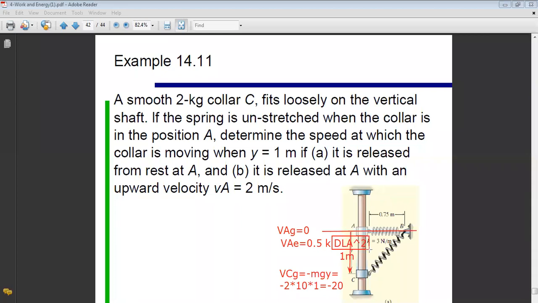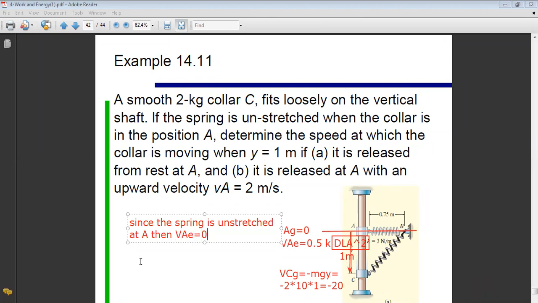Since the spring is unstretched at A, we can say that V elastic at A is 0.